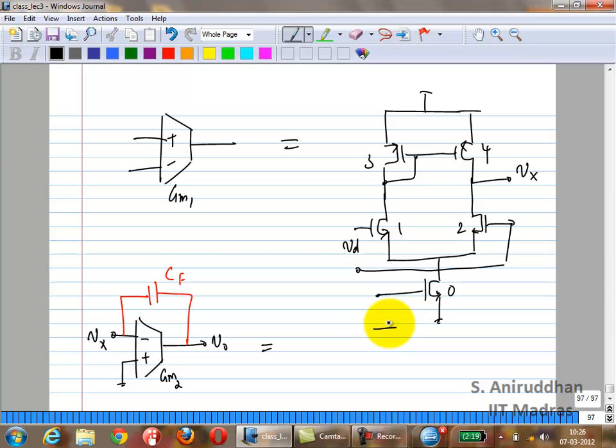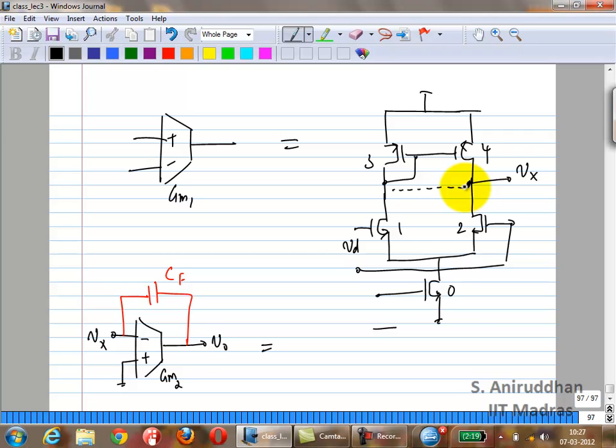So what do you want this voltage to be biased at ideally? I would think that you would want it to be biased somewhere close to this.